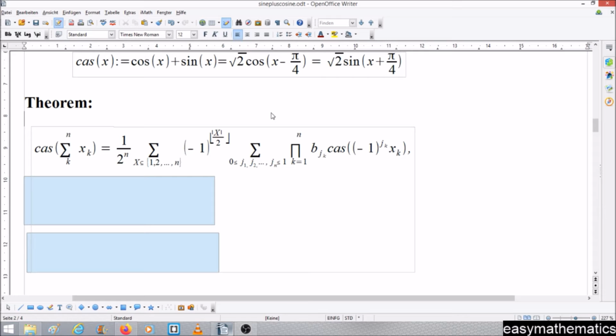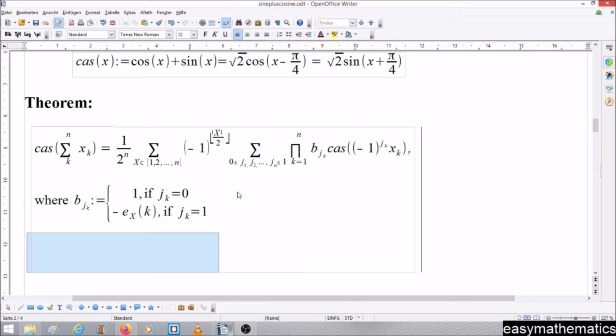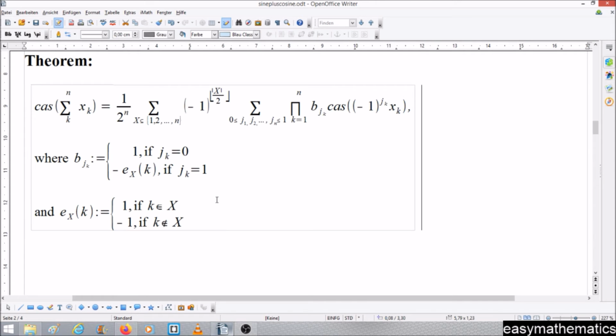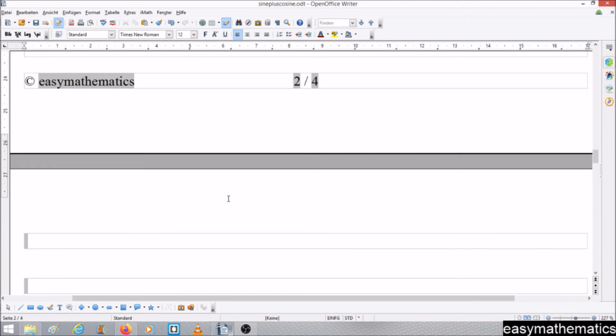Then we have a sum with n indices, j1 up to jn, and they run from 0 to 1, over a product where k runs from 1 to n, and then we have some coefficients b_jk times the cos function of an alternating sign times xk, where the coefficient b_jk is 1 if jk is 0, and it's minus e_X of k if jk is 1, and e_X of k is defined as 1 if k is in the set X, and minus 1 if k is not in the set X.